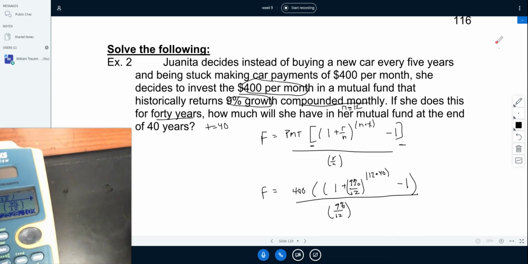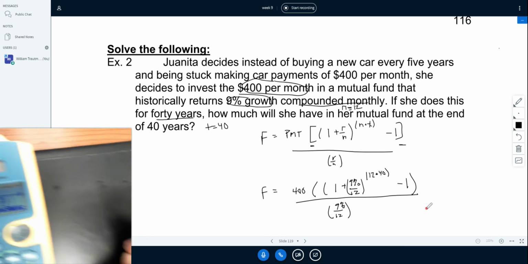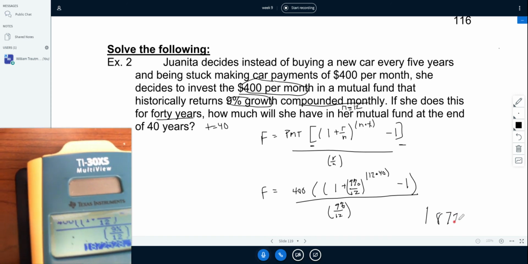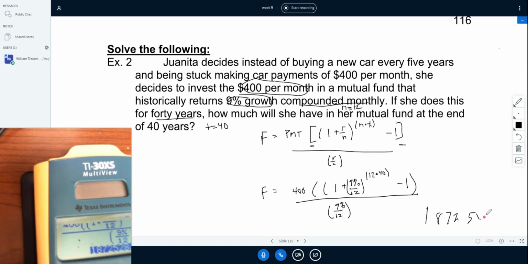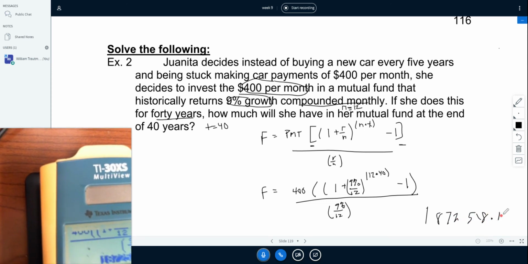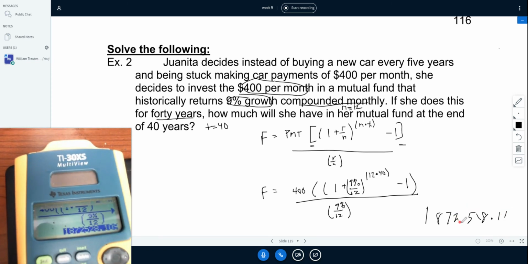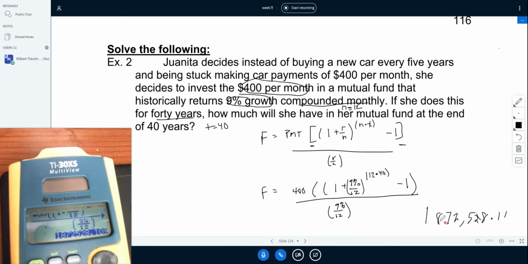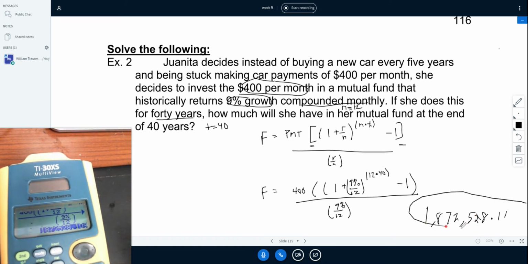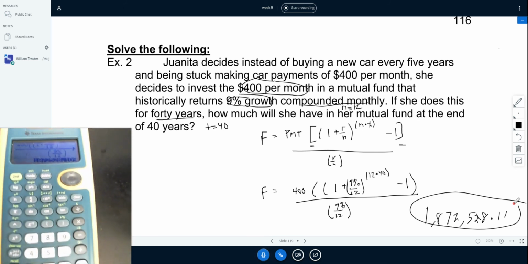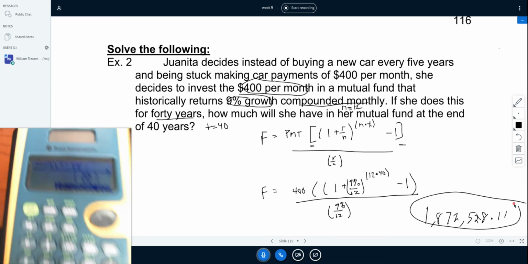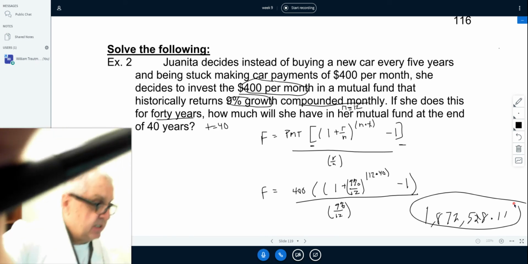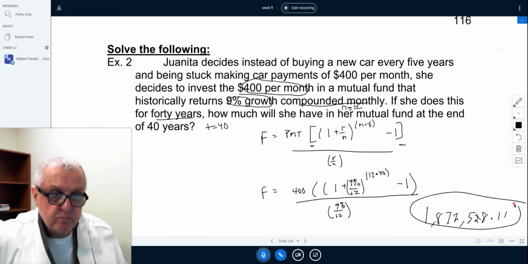Let me write it down. 1,872,528.11 rounded, that's a 2. So you put $400 in the bank for 40 years at 9% interest, you have $1.8 million in the bank. That's pretty good.